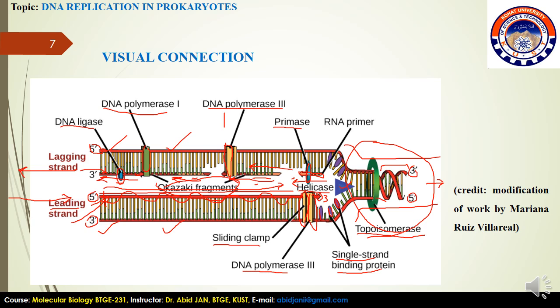This is the DNA polymerase 3, and this is the sliding clamp. It holds the DNA polymerase in place as it continues to add nucleotides. The sliding clamp is a ring-shaped protein that binds to the DNA and holds the polymerase in place.